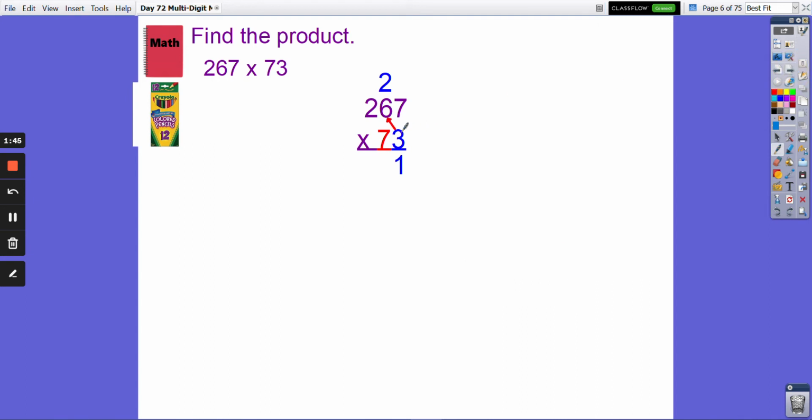We're going to do our 3 times the next lowest place value, which is the tens place. 3 times 6 is 18. And then we add this 2, 18 plus 2 gives us 20, right? The 2 over here and the 0 over here. Now remember, that was 3 times 6 or 3 times 60.